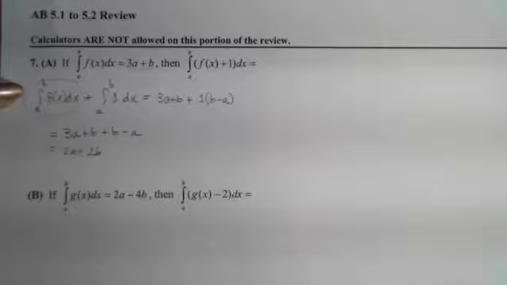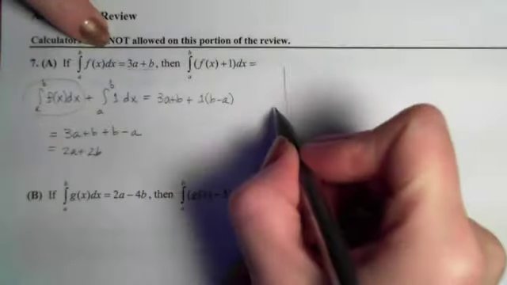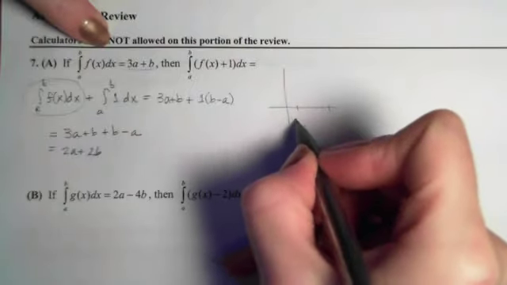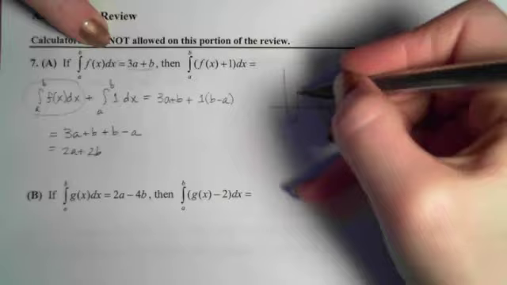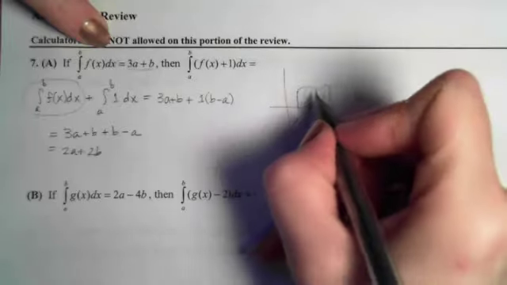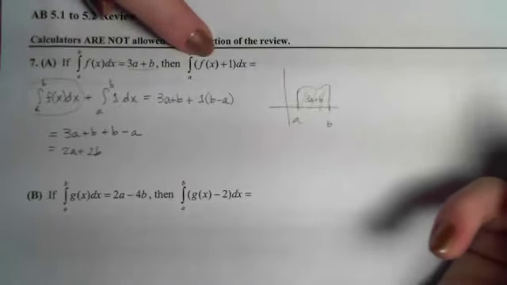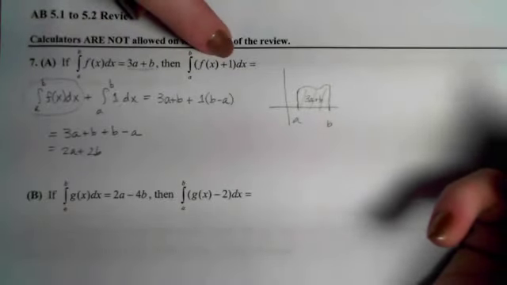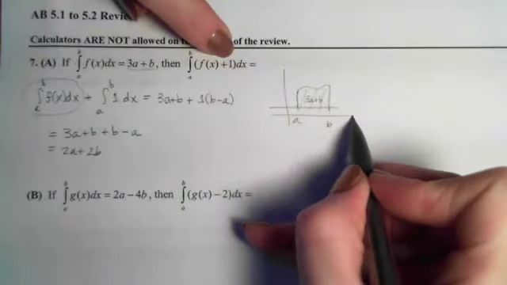Now another way that we could do it is we can think graphically. This says I accumulated under f from a to b, and I got an accumulation that was equal to 3a plus b. So now if I take that function and I add 1 to it, it's going to bump the entire picture up 1 unit.